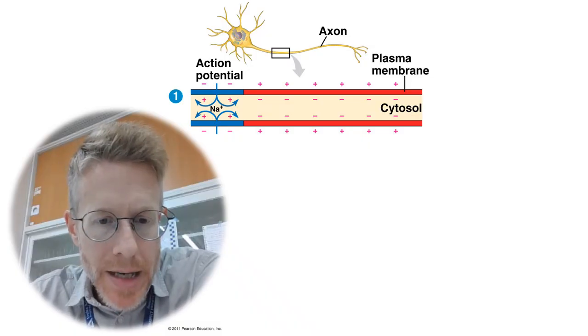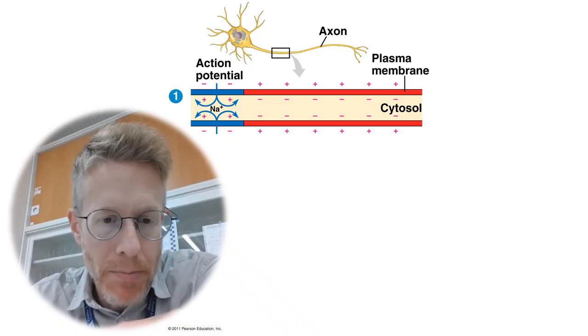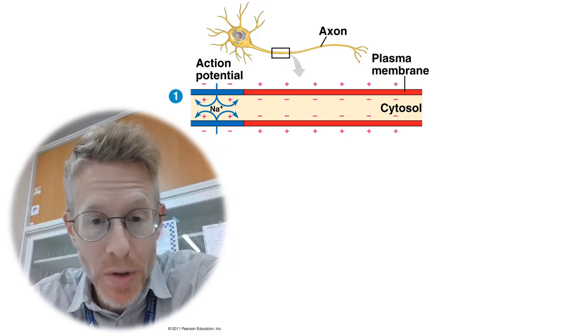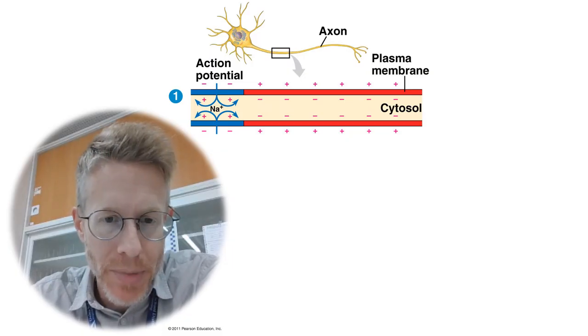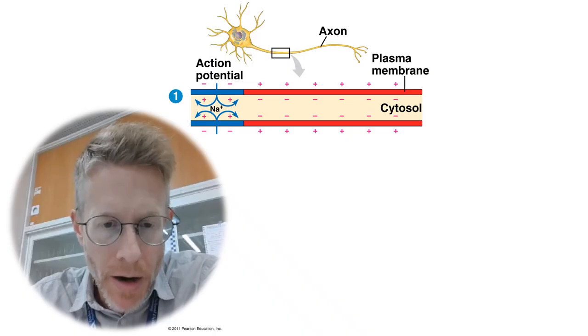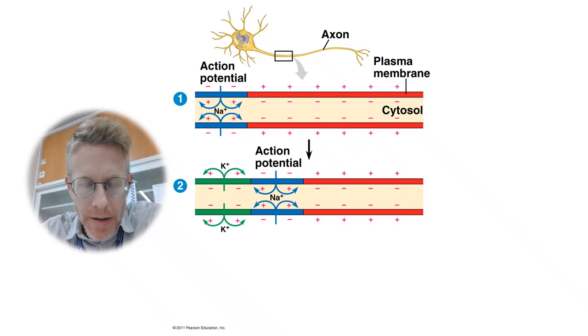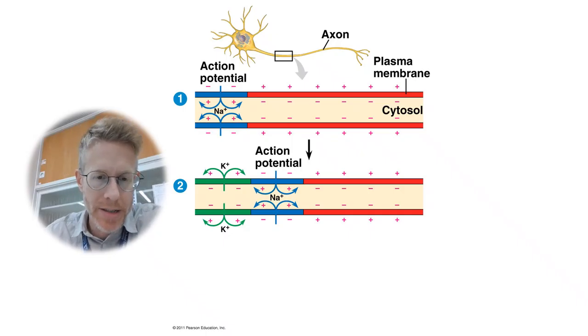Now, remember I said for that second point in the graph, that rise to the initial threshold before the depolarization of the action potential, I said that was caused by local currents. So let's talk briefly about what local currents are. Basically, you can see here in this sequence, this is looking at a section of the axon, that action potentials at one location trigger the action potential in the next adjacent location.